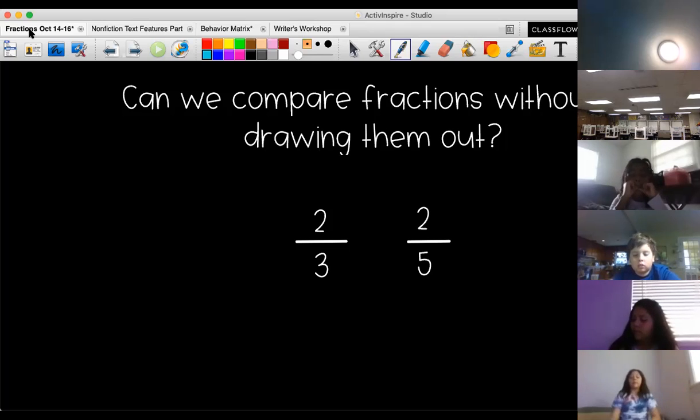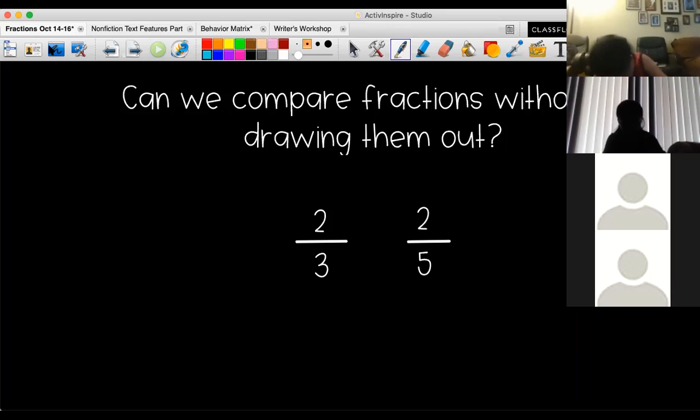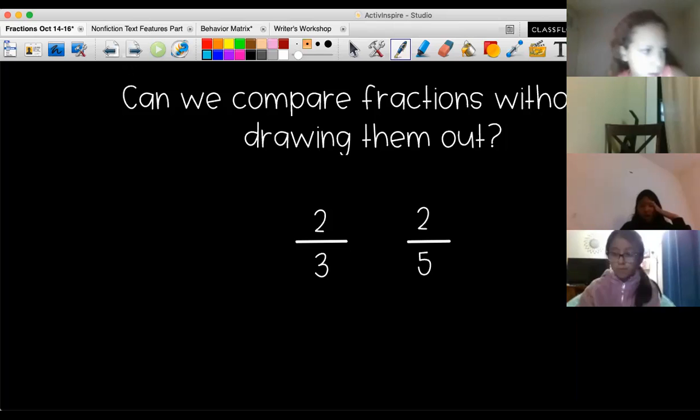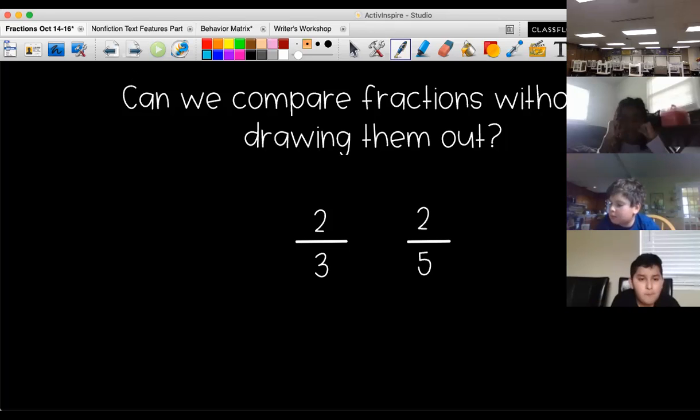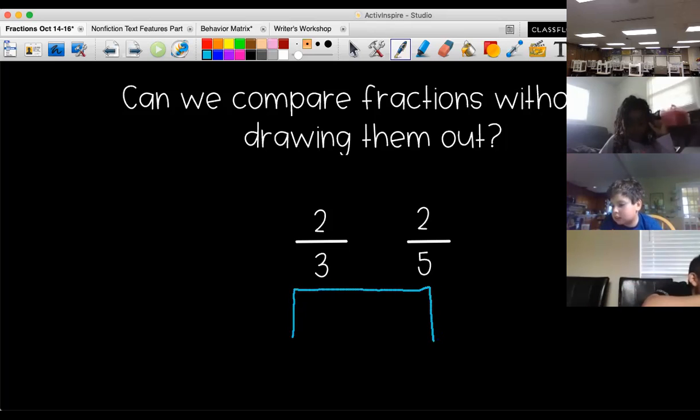So Corbin, why don't you tell me which one is larger and how you know that? Corbin, you're muted, bud. So I drew the rectangles and I added 3 to the top and then 5 to the bottom, and I colored in.